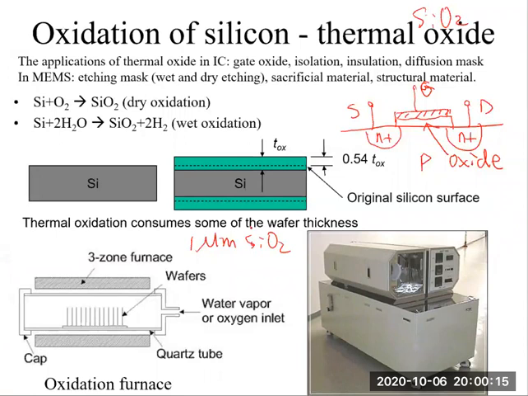It should be 46%, so it should be 0.46 micrometer. This amount of silicon substrate is consumed. So here I want to emphasize that thermal oxidation consumes some of the wafer thickness. This is very different from evaporation or sputter deposition, where the silicon substrate only serves as a mechanical support.